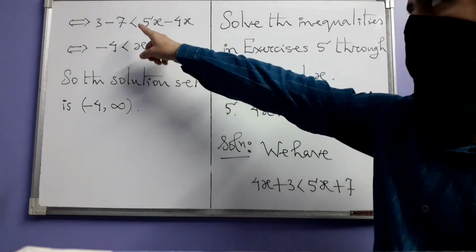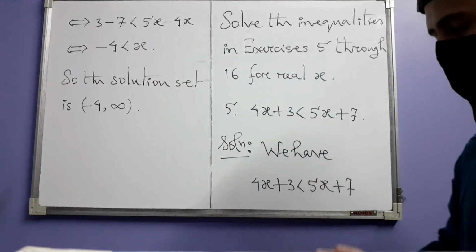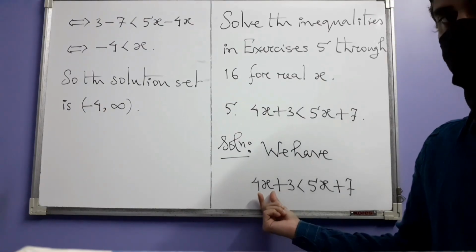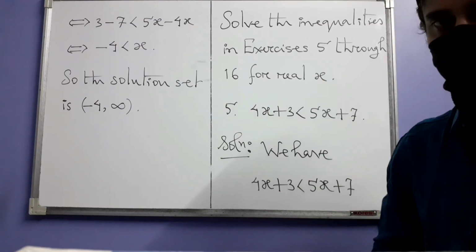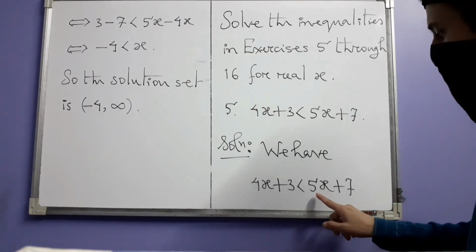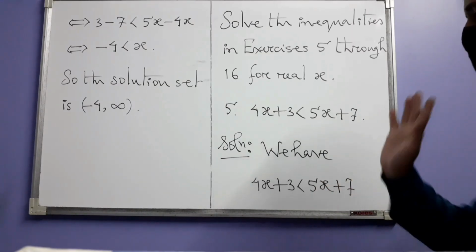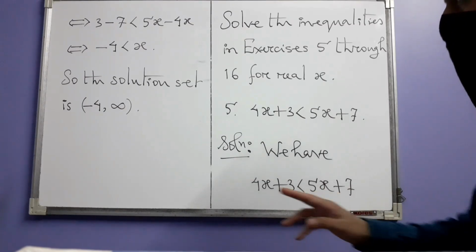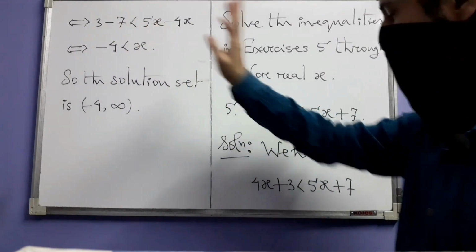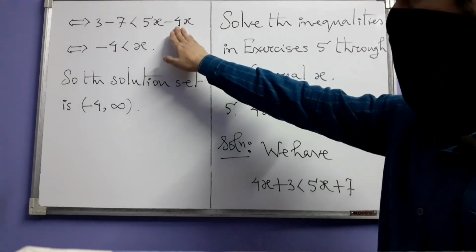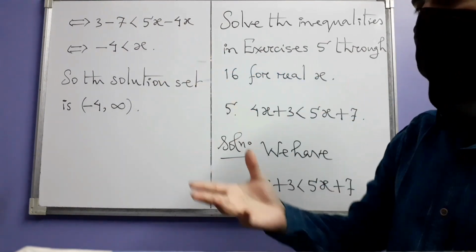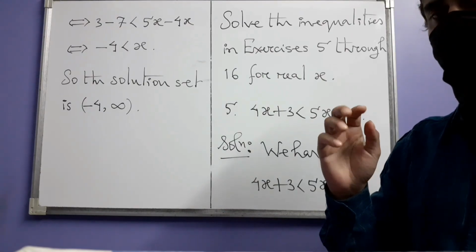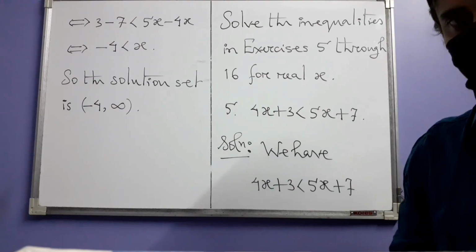If you think of it for a moment, subtracting 4x from the left hand side makes it 3, and the right hand side is 5x minus 4x plus 7, but we were also subtracting 7 from both sides, so that way you get 3 minus 7 less than 5x minus 4x. The aim of course is to bring all the terms having x to one side and push everything else to the other side. That's what we did.